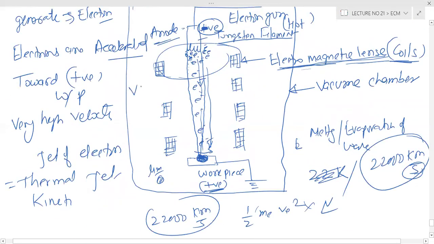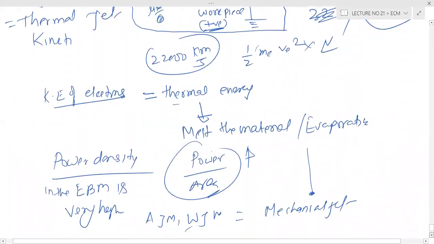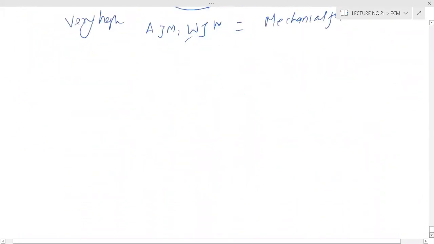Complete vacuum is there, because if some particle is there, the electron will collide with the particle, and the kinetic energy of the electron will be lost. So it is done in a complete vacuum, and nothing is there inside. If anything is there inside, the electron will collide, and the energy will be less for the generation of thermal energy, right?